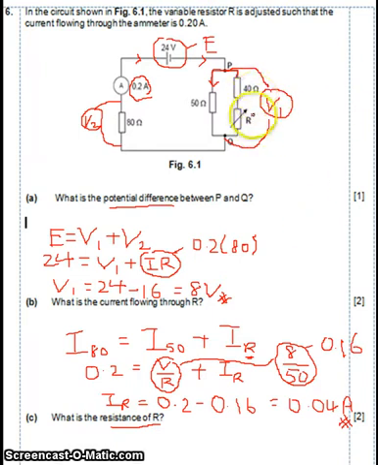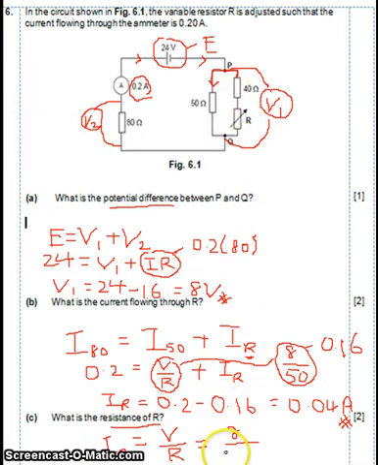The effective resistance of these two will be 40 plus R. So the current through this loop, which is equivalent to IR, is equal to V over R. And the V over here is 8 as calculated in part A, divided by the resistance. Now the resistance is a combination, or in fact an addition, of R plus 40.